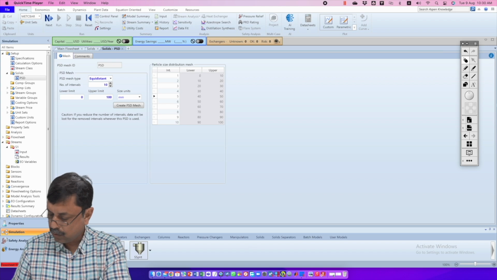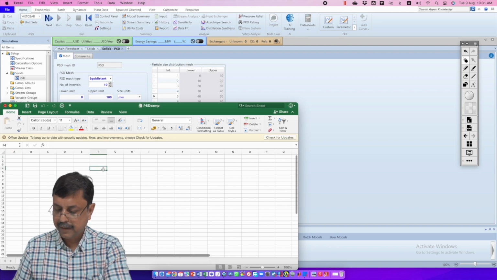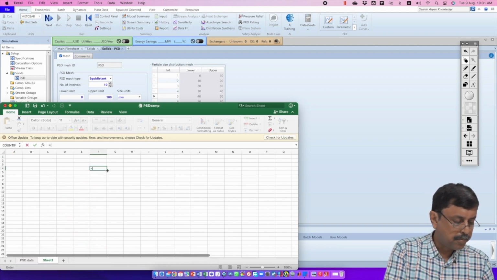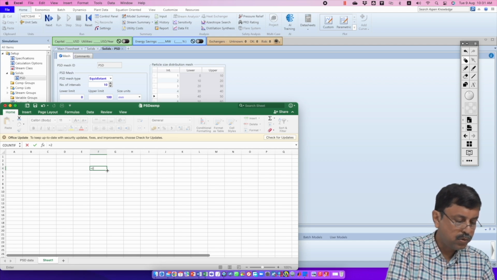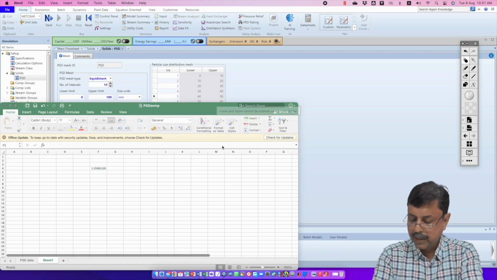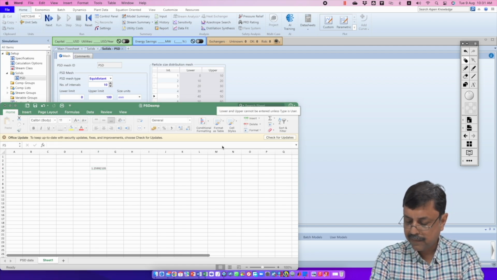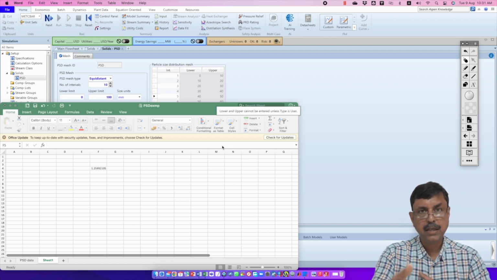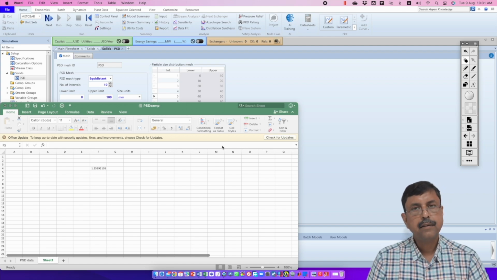What is cubic root of 2? We have an Excel file. Let us see what is cubic root of 2. It is 2 to the power 1 by 3. So it is 1.25992105. So the ratio between du and dl will be this.